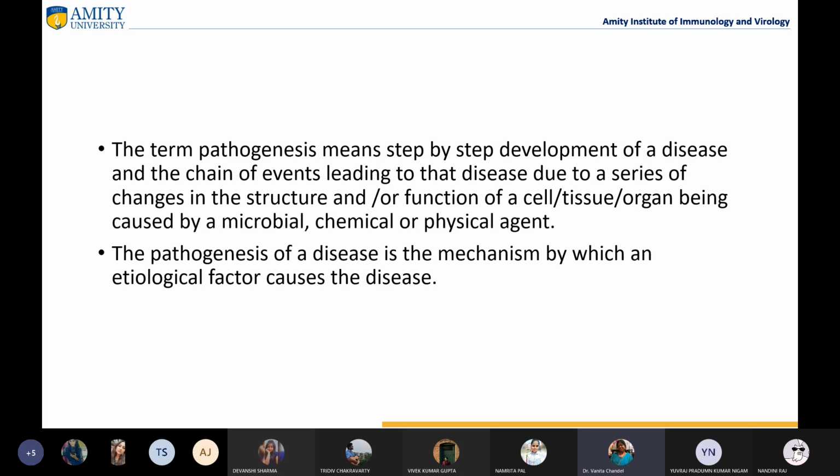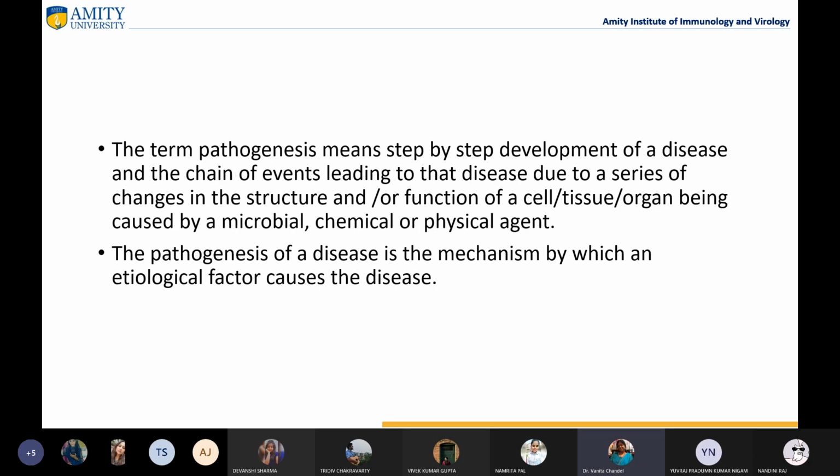When we talk about pathogenesis, it means the development of the disease, or whatever events lead to the development of a particular disease. It could be changes in the structure or function of a cell, tissue or organ caused by a microbial, chemical, or physical agent. Whatever those events are, together this process is called pathogenesis.